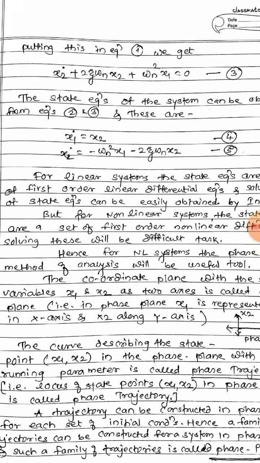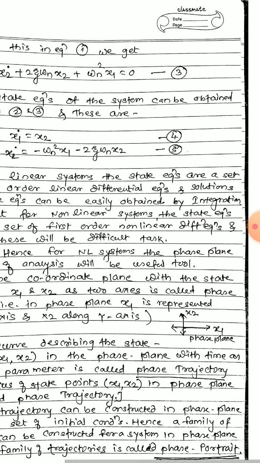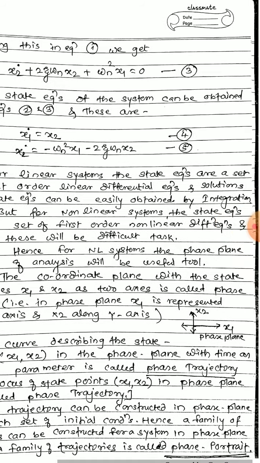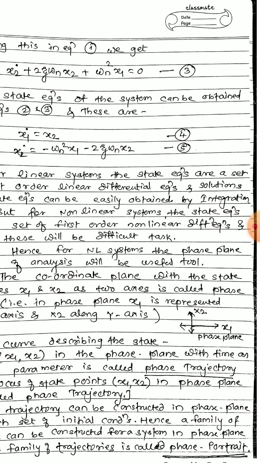The curve describing the state point x1, x2 in the phase plane with time as a running parameter is called phase trajectory. That is, locus of state points x1, x2 in phase plane is called phase trajectory.